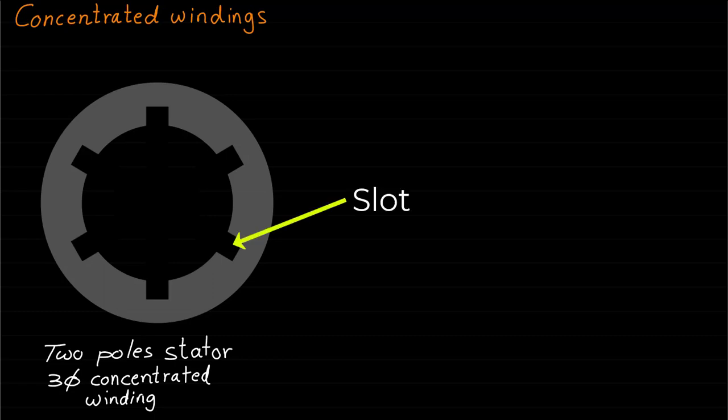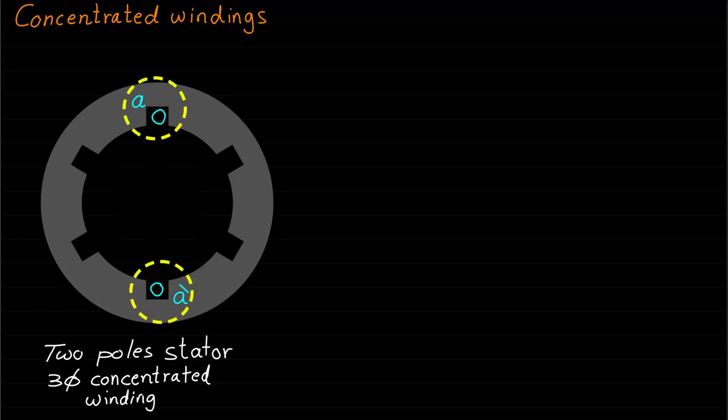These slots are used to house or install the three-phase armature windings. As we can see, phase A is implemented with only one coil, represented by coil AA', which has N turns. Coil AA' has two sides, side A and side A'.